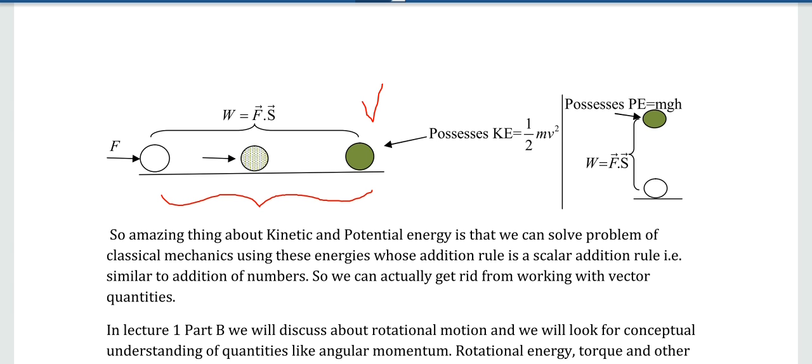That says that the ball has achieved the maximum kinetic energy, which is equal to half mv square. And when this ball hits you, you're going to get hurt. Similarly, when you lift an object up, you do work.